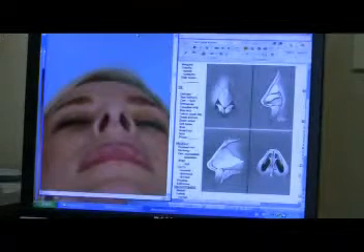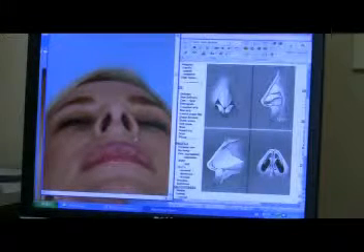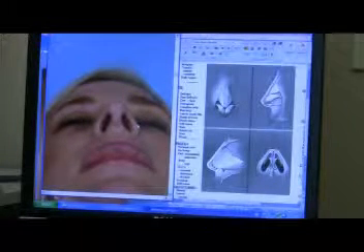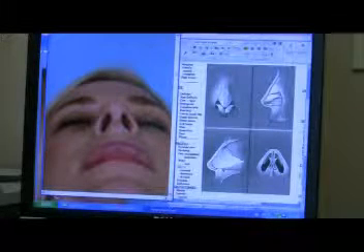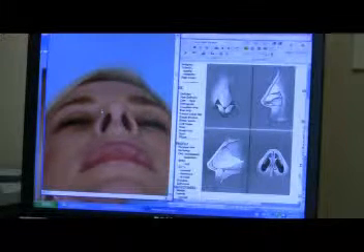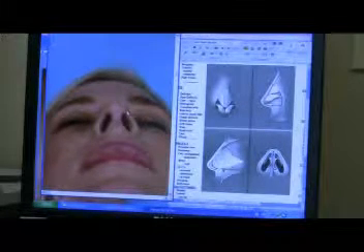So then the last view that we look at is the base view. And really from the base view, we're looking to achieve a very nice triangular configuration between the ala and the tip. You can take a very, very narrow tip and it'll still look like a ball on the end of your nose if the ala come in here.